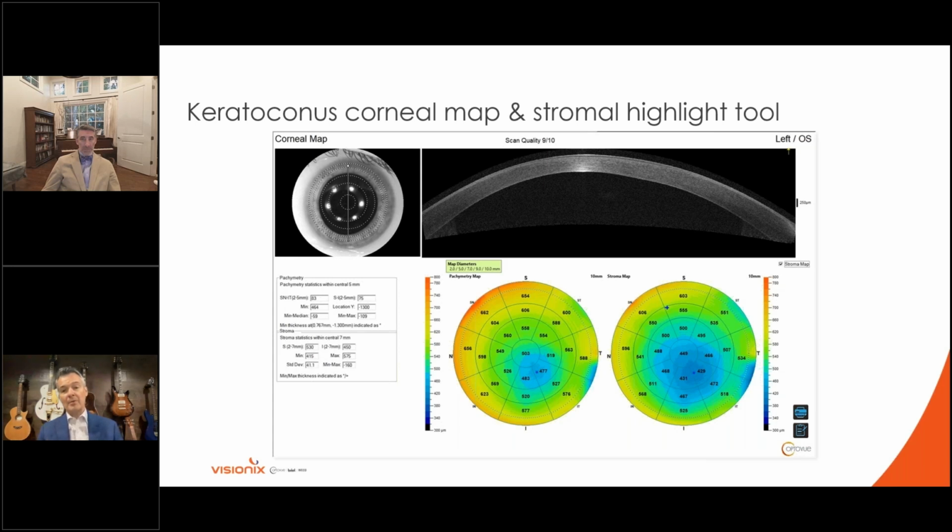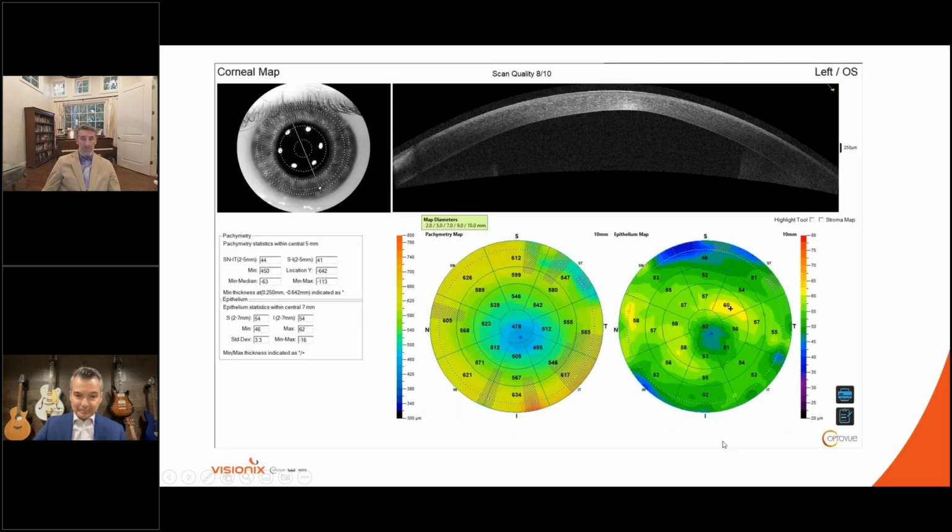But on the bottom right, you can actually see what the stromal map actually looks like. So instead of isolating the epithelial thickness, we're actually isolating the stroma. And what you can see here is that in this individual, it's actually more pronounced when you look at the stromal thickness and how it is thinning in this region where we typically tend to see the cone.